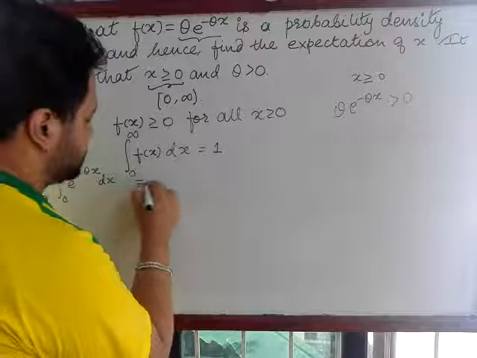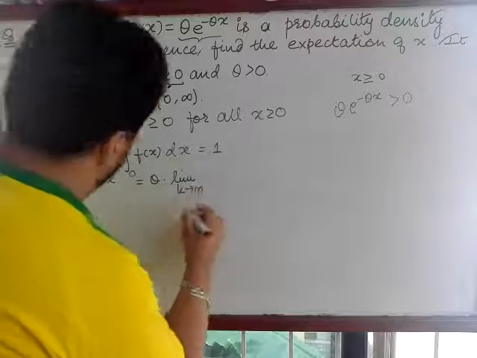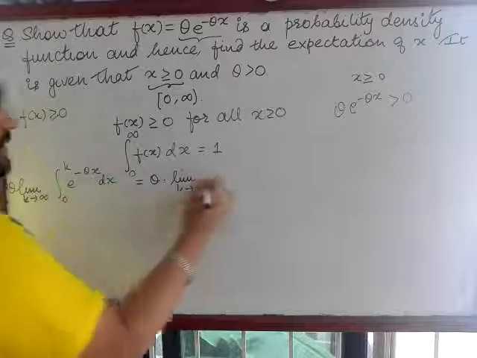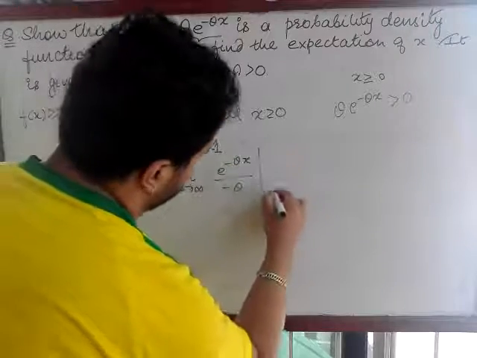Now, this is theta times the limit as k tends to infinity. The integral is e to the power minus theta x over minus theta, from 0 to k.